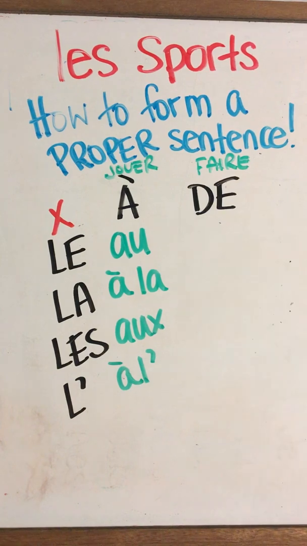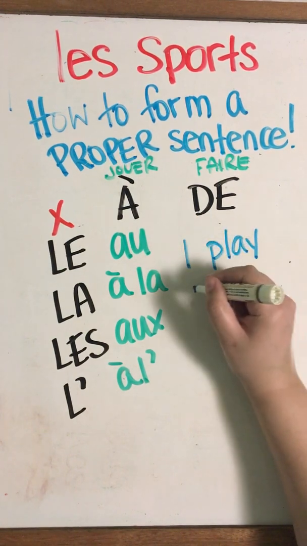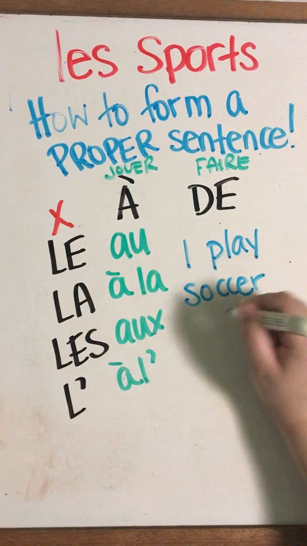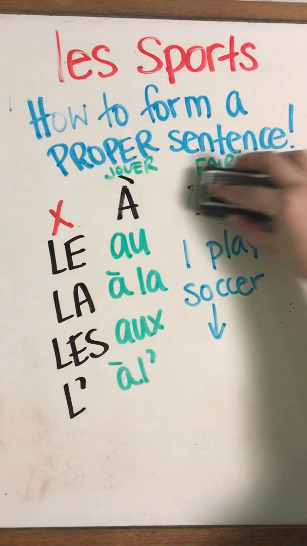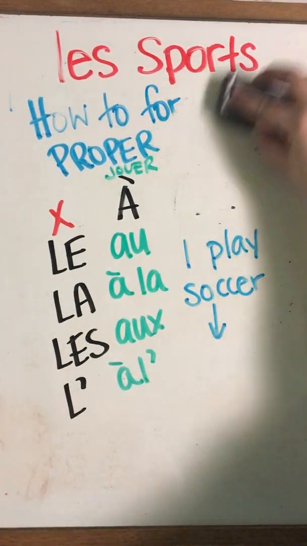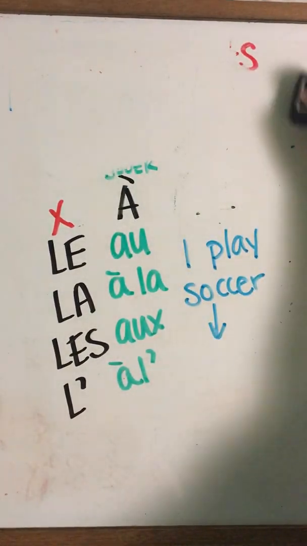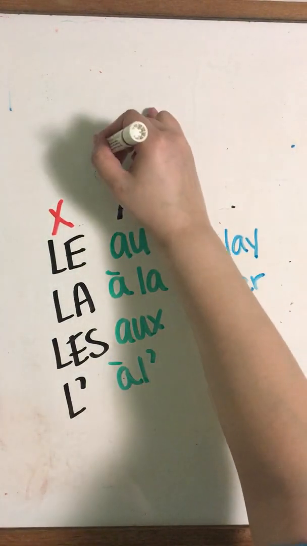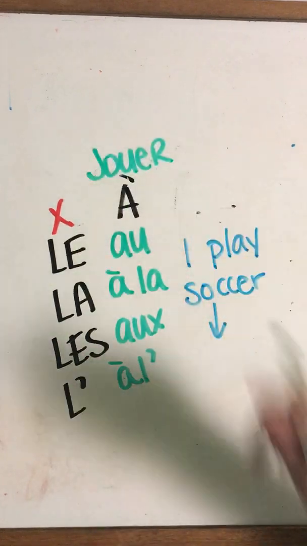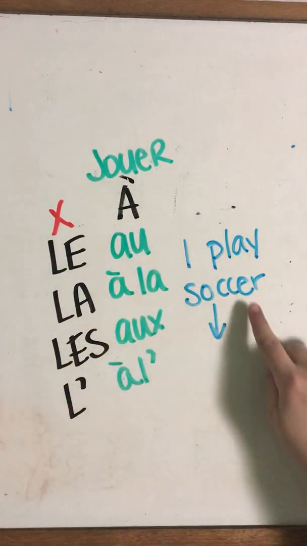So before I go over this, right now, let's erase that so that we're following along. I miss my chalkboard. All right. So again, we're replacing all of these beginning words, and I want to do I play soccer.